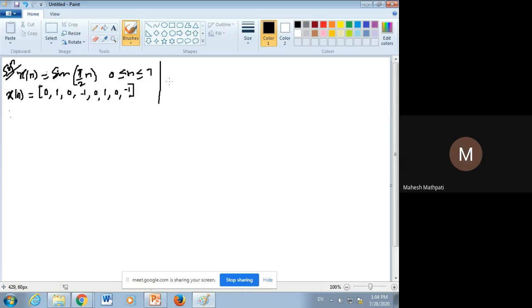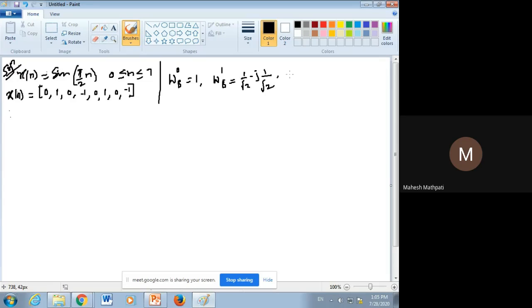As it is 8 point, we require omega 8 to the power 0, its value is 1. Omega 8 to the power 1, what is its value? 1/√2 minus j 1/√2.